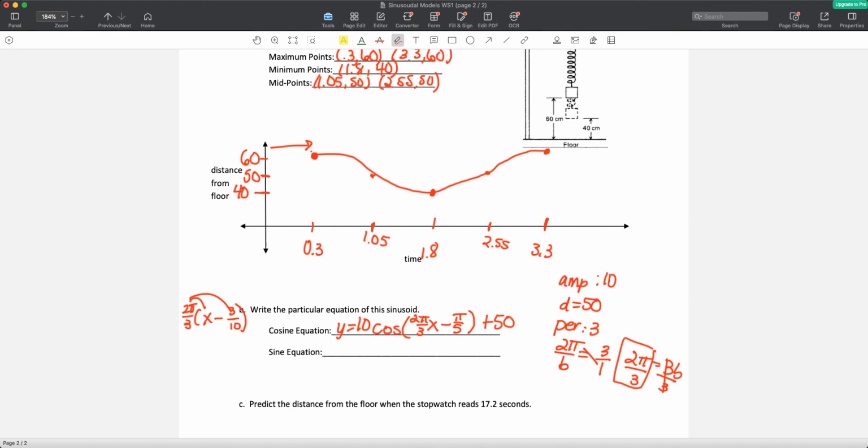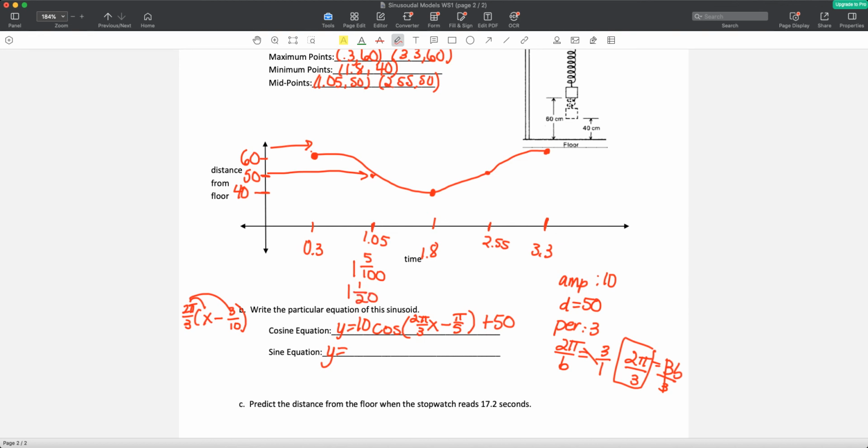Okay, now for sine, we're looking at the middle point. So now we're shifted forward 1.05. Now 1.05 I know is 1 and 5/100ths, and so you can reduce that. That would be 1 and 1/20th, I believe.